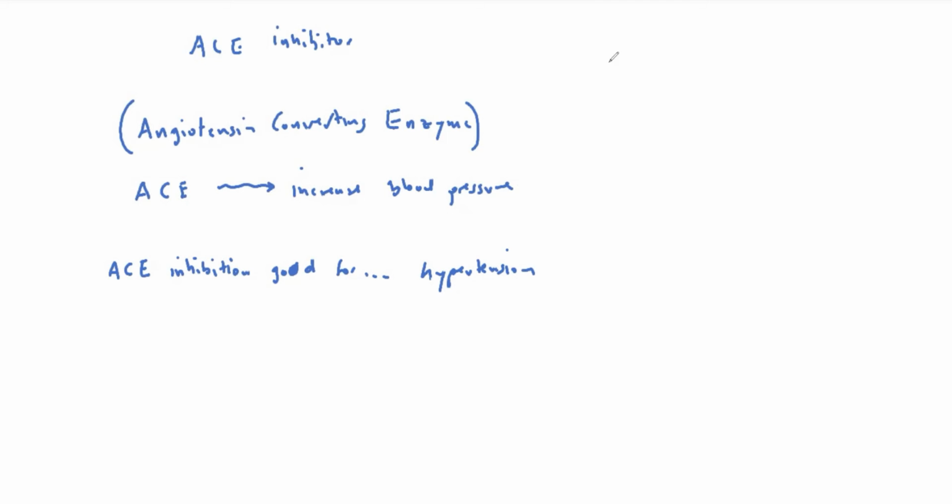Now the other example, the protease inhibitor, is kind of related to what we've been talking about recently because this must be some kind of molecule that inhibits protease. And a protease is an enzyme that breaks down protein.